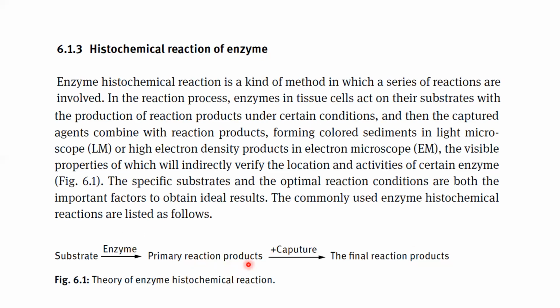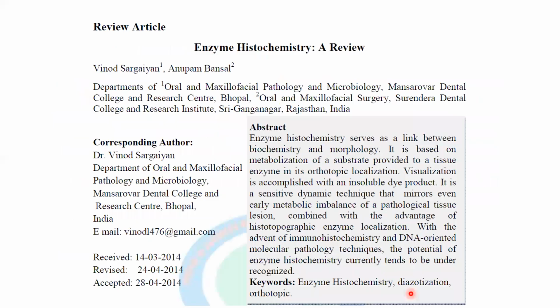That product can be visualized in various types of microscopes: electron microscopes, light microscopes, even specialized polarizing, phase contrast, or other microscopes can be utilized for the visualization of the product within the tissues. So we are incorporating enzymes, and we are incorporating a capture coloring substance that will develop colors. This is the basic idea of enzyme histochemistry.